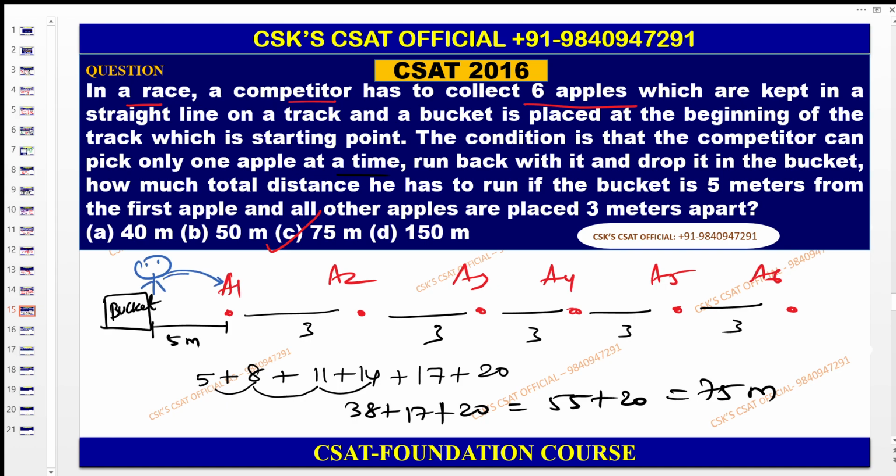So how much distance are you covering here? 5 meter only. So again you are coming to the bucket position. Then you go to A2 position. 5 plus 3. Understood? Then again you are coming back now. Okay, sir, now I am able to understand.